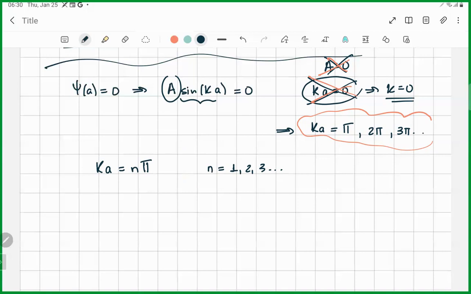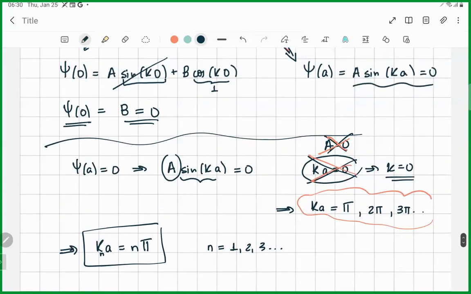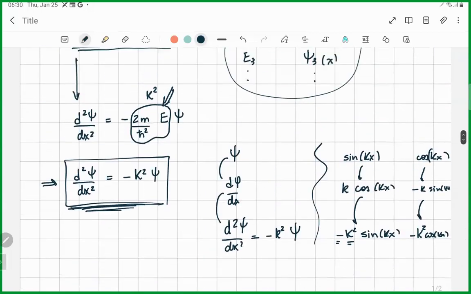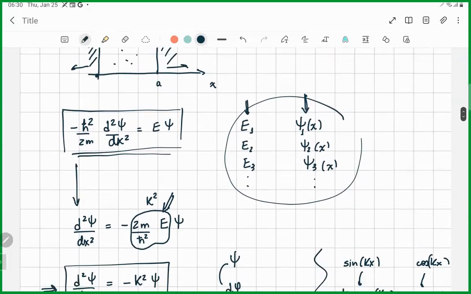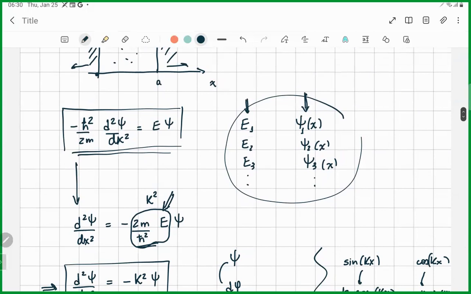Right, so if it can be any n, let me put an index in this k, the index n. So, and what have we just found? This is a very important result. Remember what k was? Let's go up there. We said that k is related to the energy, right? k squared is related to the energy.